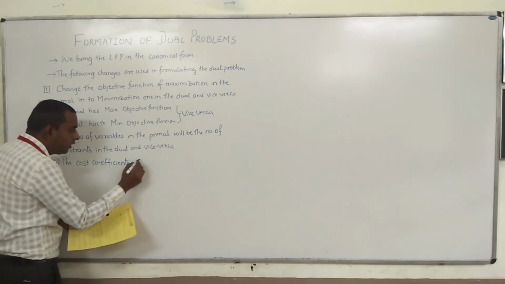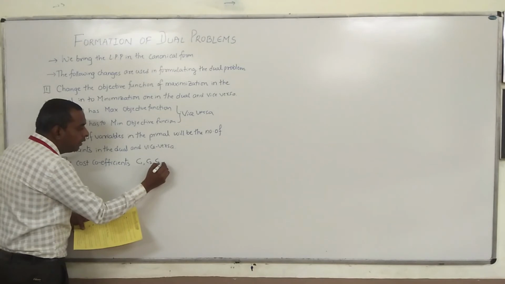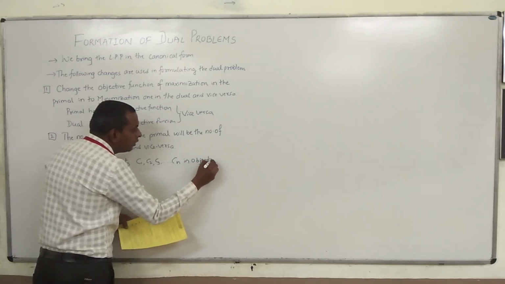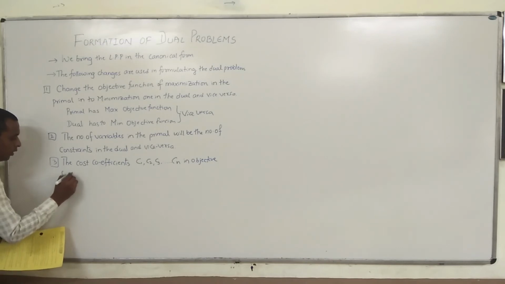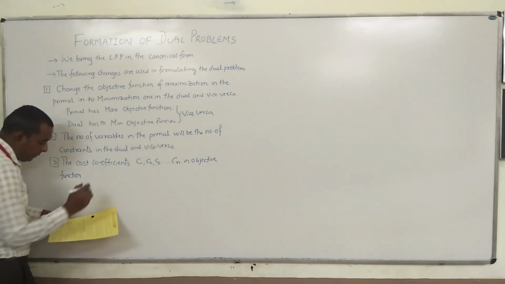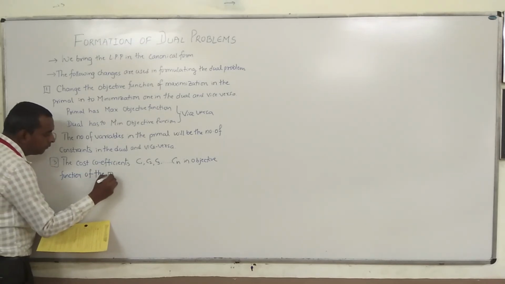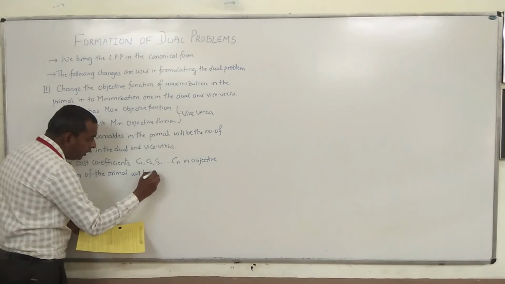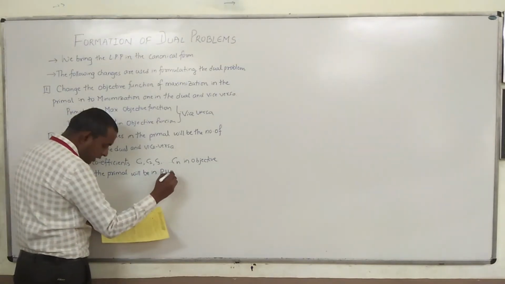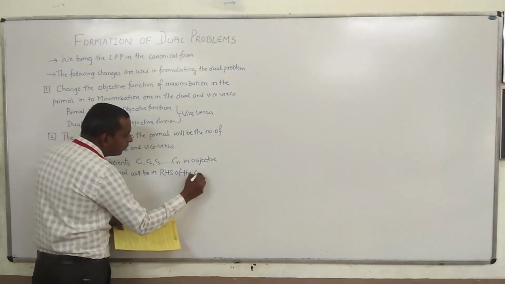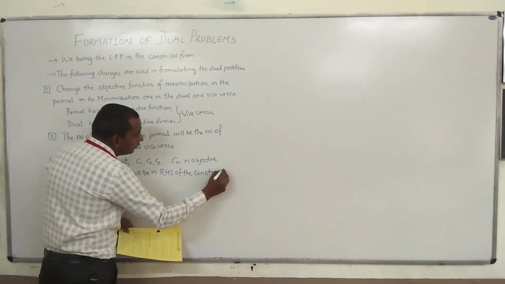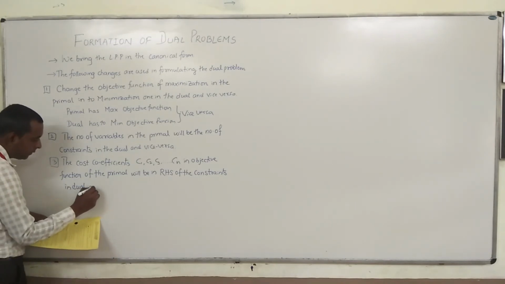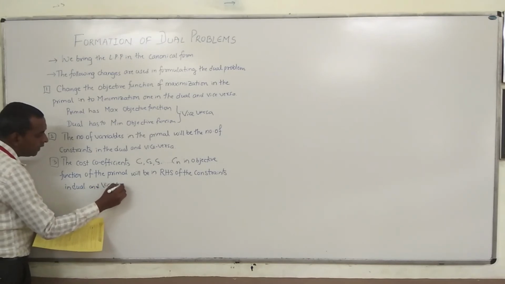The cost coefficients C1, C2, C3 up to Cn in the objective function of the primal will be in the RHS, that is the right hand side of the constraints in the dual, and vice versa.